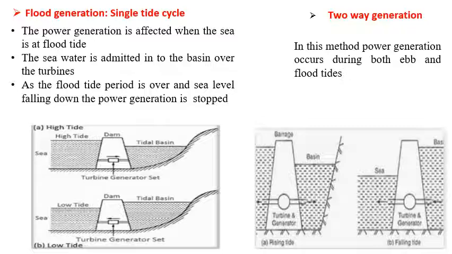Filling takes place when the ocean is at a high tide, while the reservoir water is at a low level, and emptying takes place when the ocean is at low tide and the basin is at high tide level. Okay, so in this way two-way generation will occur.